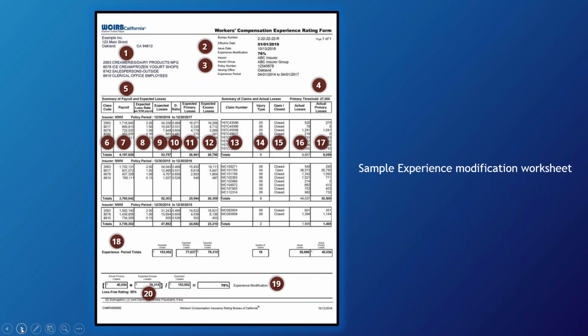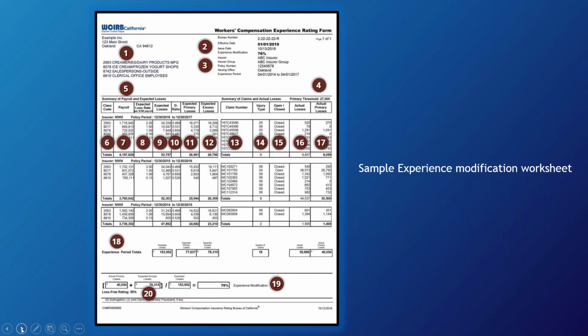You can see that this is not a bad account. They've got a 76% experience modification, meaning that they're going to have a 24% credit applied to their premium, and that's significant, and they're doing well with their claims.